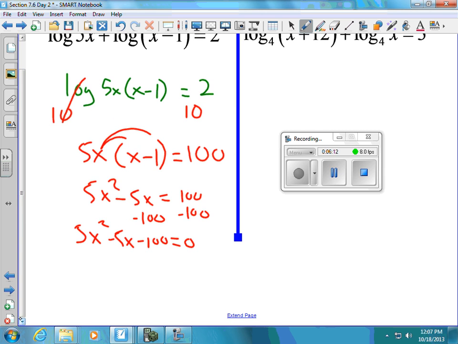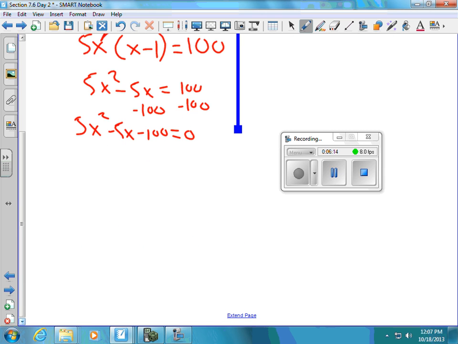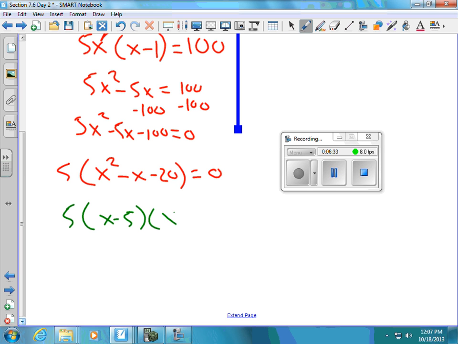So now we remember back to our factoring, we have a monomial that we can factor out here, 5. So 5 times x squared minus x minus 20. Using bottoms up, what multiplies to make negative 20 and adds to make a negative 1? Well, that would be an x minus 5 and an x plus 4. Bottoms up, we divide by a.